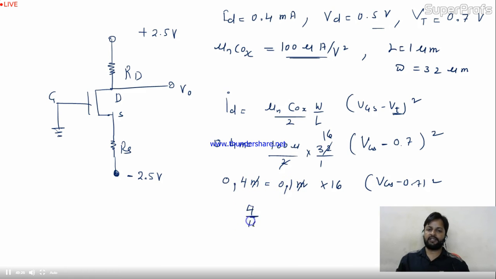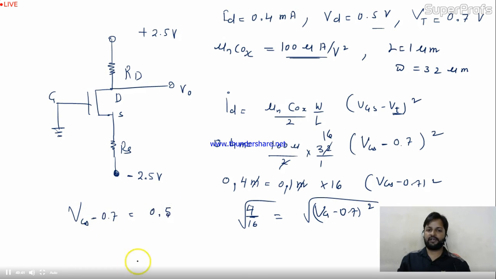So 4 by 16 on this side equals VGS minus 0.7 square, which is 1 by 2. Let's take the root on both sides. So VGS minus 0.7 is equal to 0.5, so VGS is 1.2.